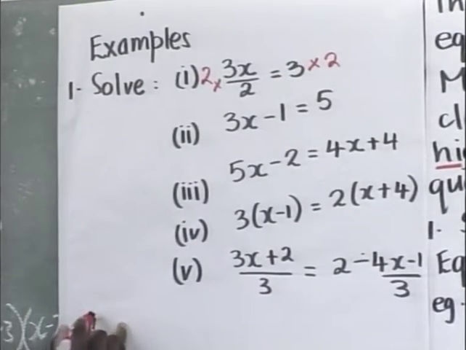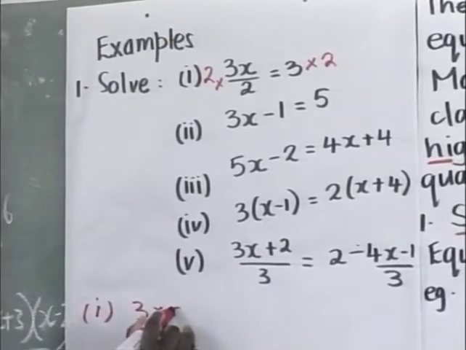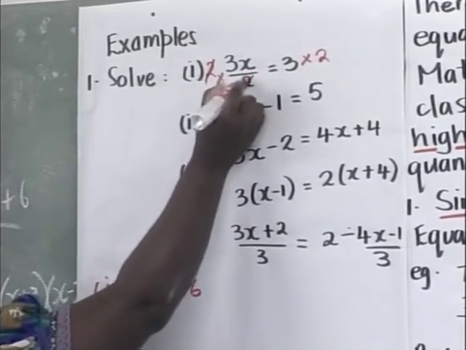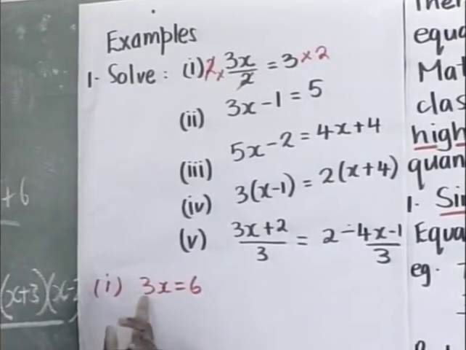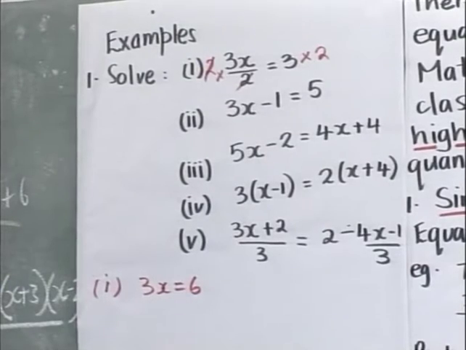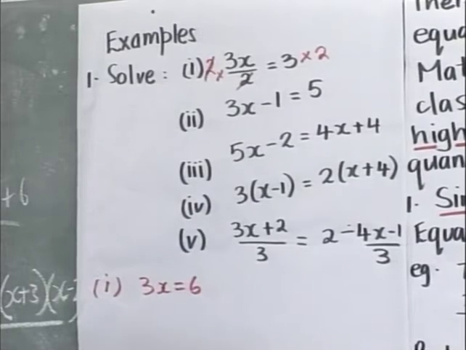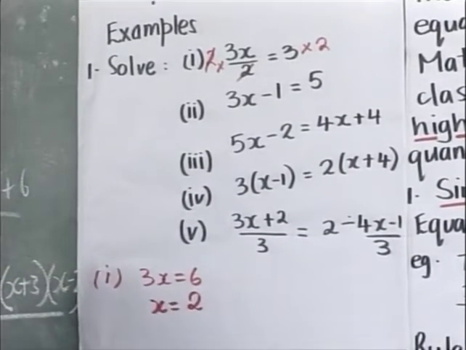So I am now going to have 3x equals 6, because the 2 and 2 will cancel out. And if 3 times x is equal to 6, since this is multiplication, to get x on its own, because that's what I'm trying to find, I divide by 3 on both sides. So x is equal to 6 divided by 3, which is 2.